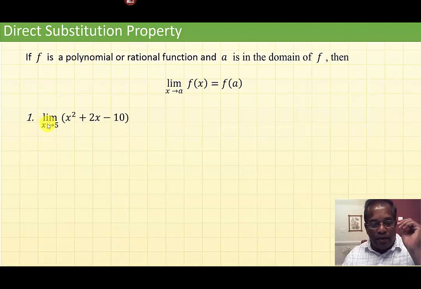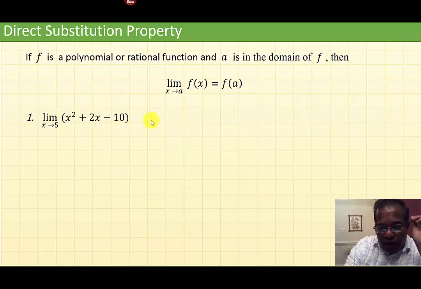Now in this example, we want to find the limit as x approaches 5 of x squared plus 2x minus 10. This is a polynomial function, a quadratic function, so its domain is all real numbers. Therefore we can just substitute the value of 5 here.